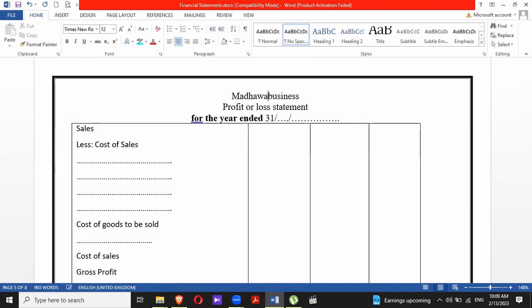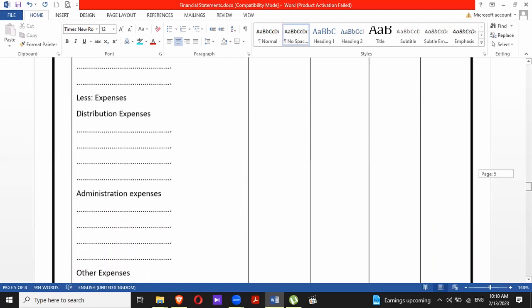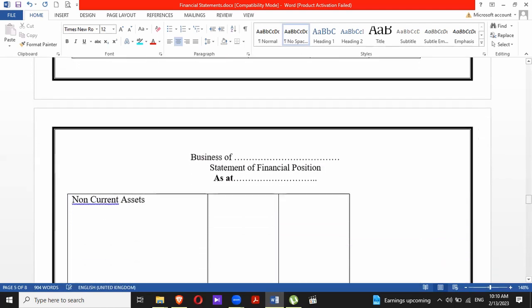Madhava's business profit or loss statement for the year ended 31st March 2022, right? Then go to the statement of financial position. There also you have to complete the name.